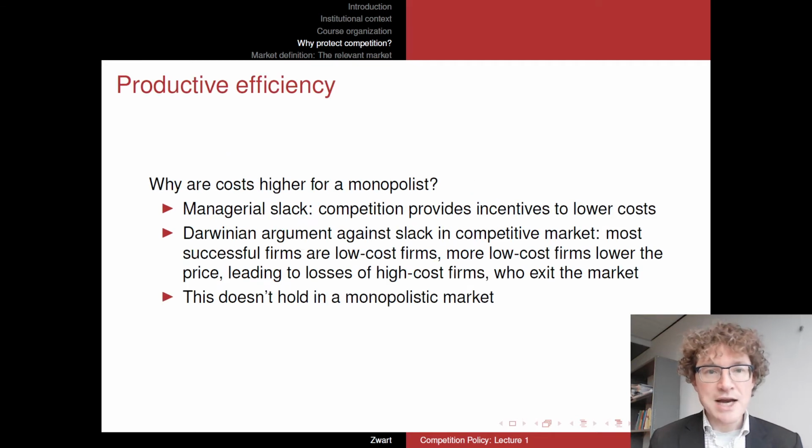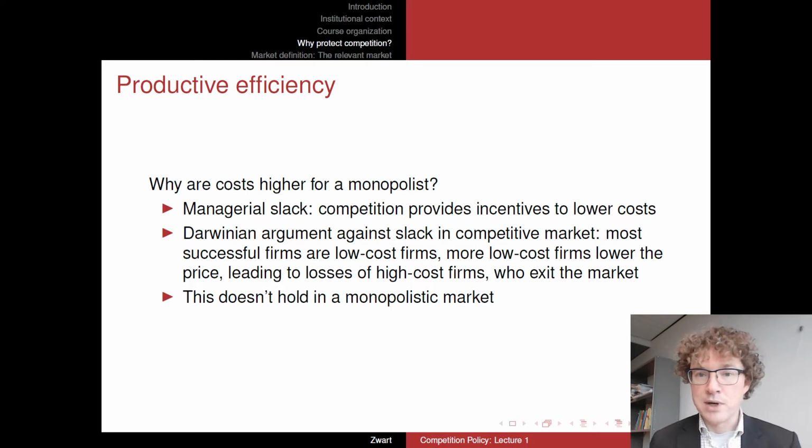So that's allocative efficiency. Let's then go to the next aspect of efficiency, which is productive efficiency. The idea of productive efficiency is: are goods produced at the lowest possible cost? So what's the benefit of competition? Well, competition basically does two things. On the one hand, competition is a great incentivizer to lower cost.